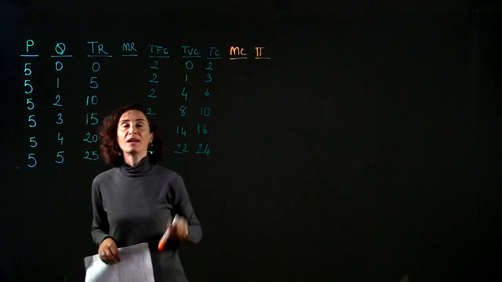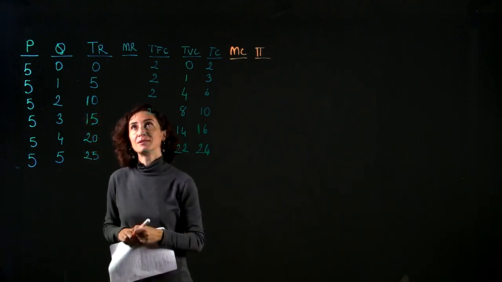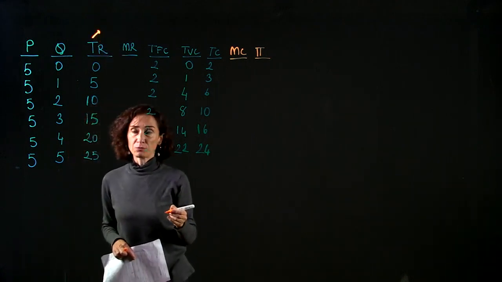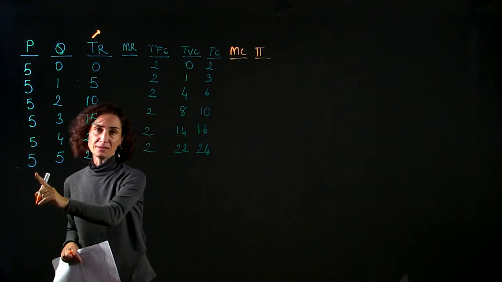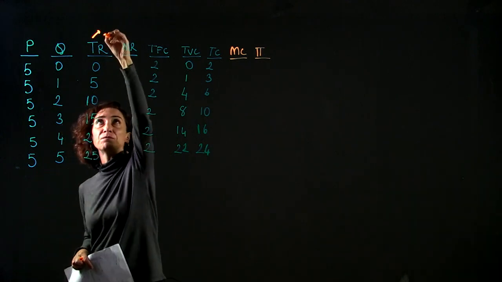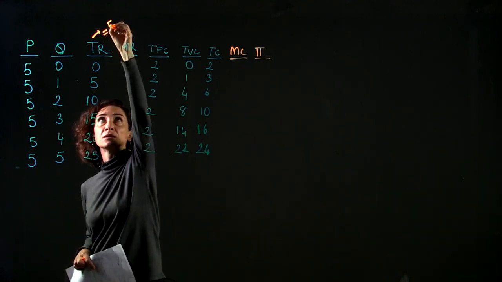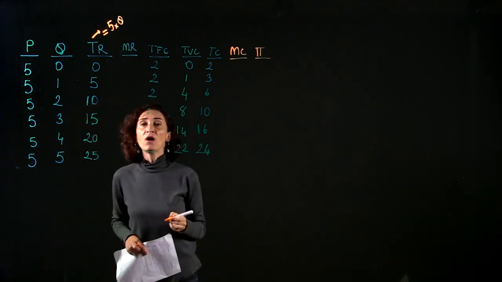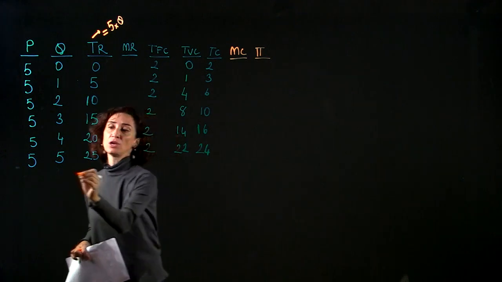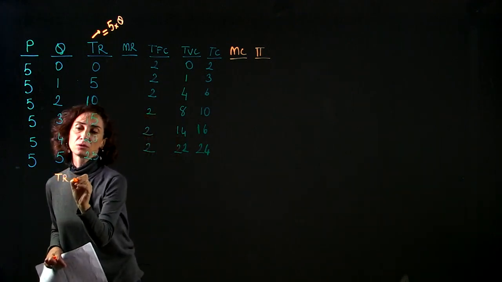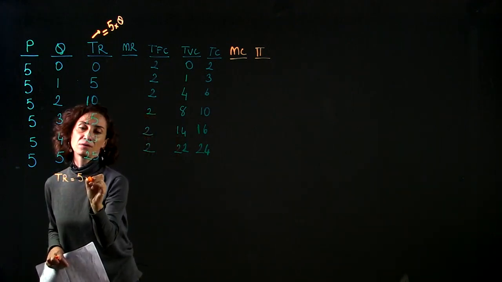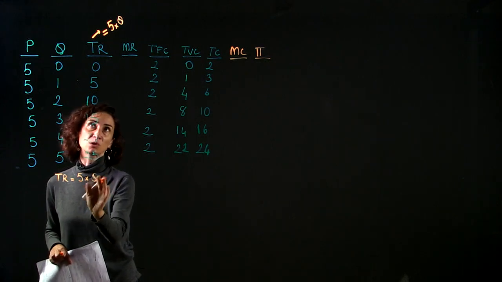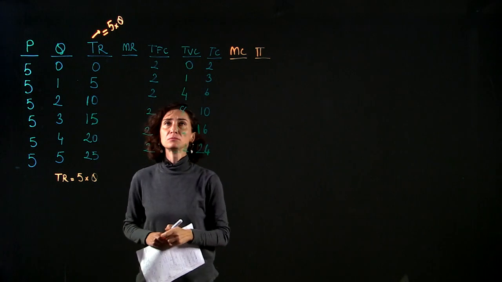Let me give you a tip. Total revenue for this particular price, as a function, is 5 times Q. Because price is constant, 5 times Q will give us total revenue.